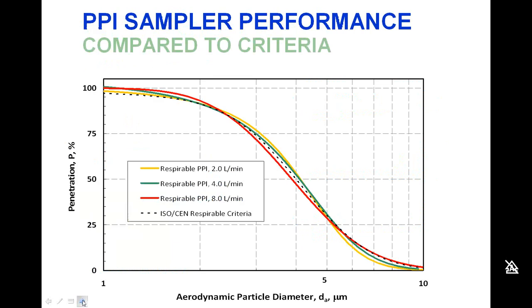Respirable PPI samplers closely conform to the ISO, CEN, ACGIH, and NIOSH criteria. As such, they meet the requirements specified in the 2013 OSHA proposed rulemaking on respirable crystalline silica.